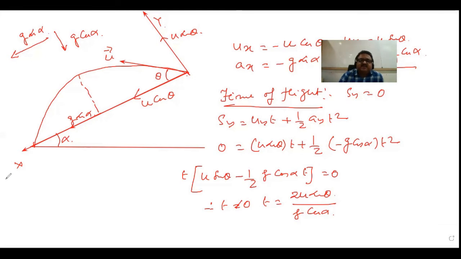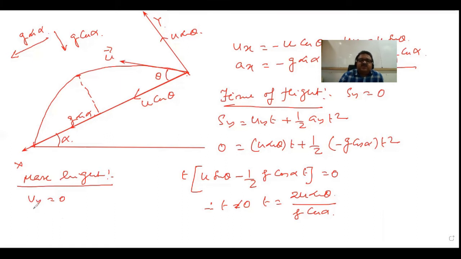For maximum height, what we know is that at the highest point of the path, the vertical velocity is 0. Clear?